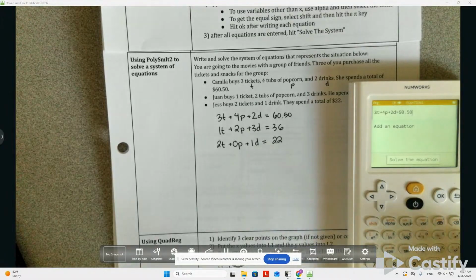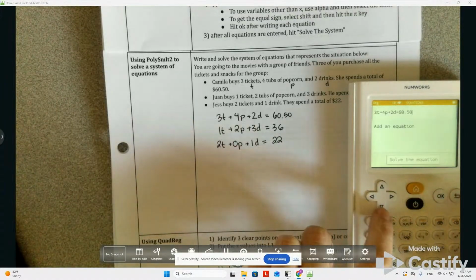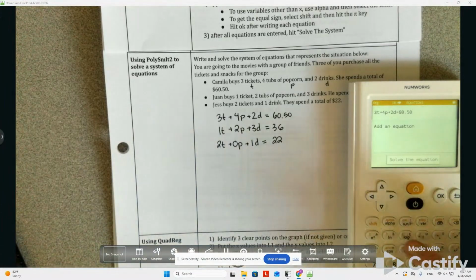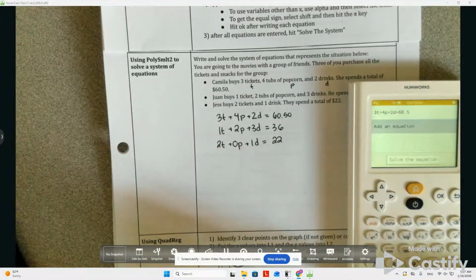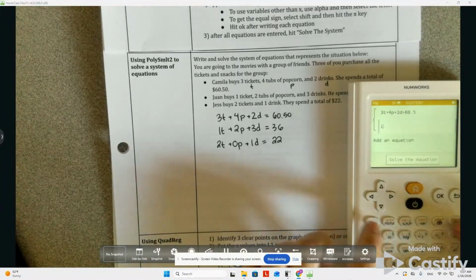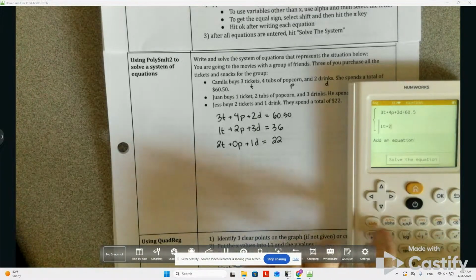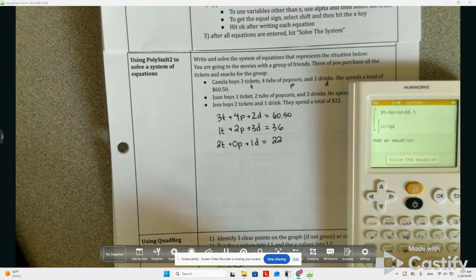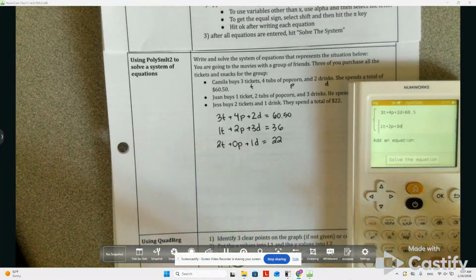60.50. I was trying to be lazy and use copy paste. There's probably a way, but I do not know. So we'll just keep it rolling here. So 1t, so 1 alpha t plus 2 alpha p plus 3 alpha d equals shift pi 36.